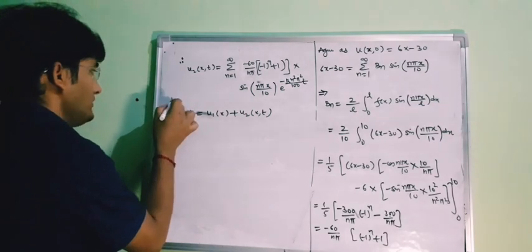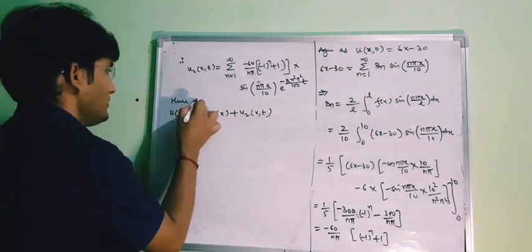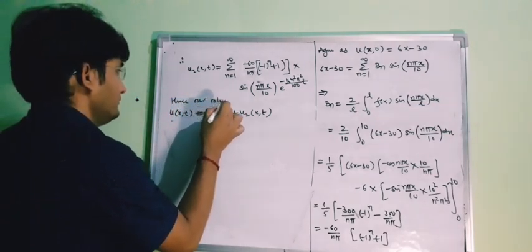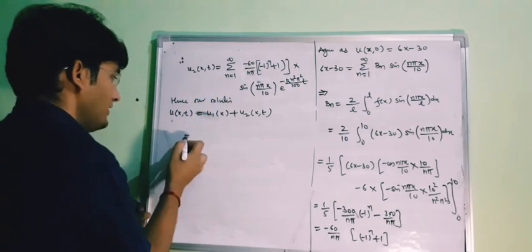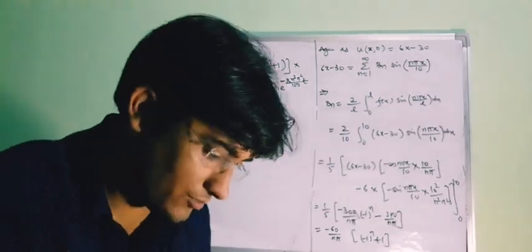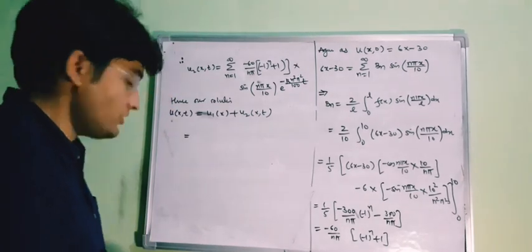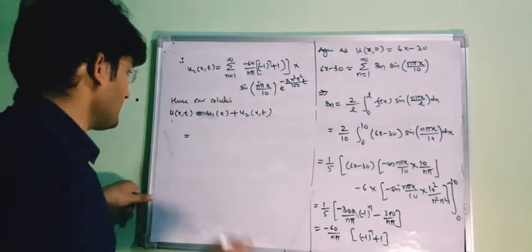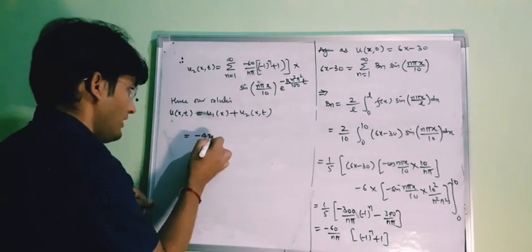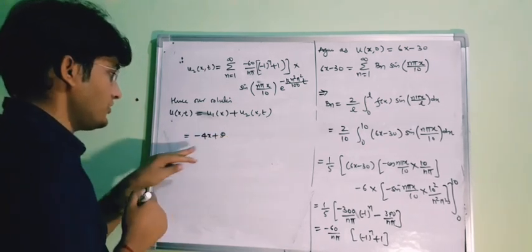So hence our solution is this one, and u1(x) we have already calculated, and this was minus 4x plus 50.